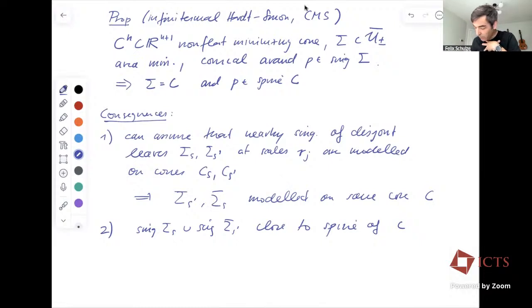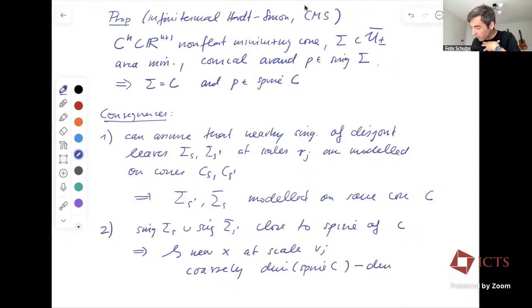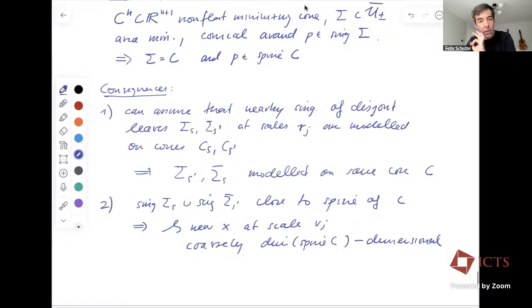So what does this give? This gives that this combined singular set, let's say near any point x we look at scale r_j, is coarsely the dimension of this spine C. If you do the right covering argument, the dimension of the singular set, it's modeled on this spine, so it kind of coarsely has this dimension of the spine.